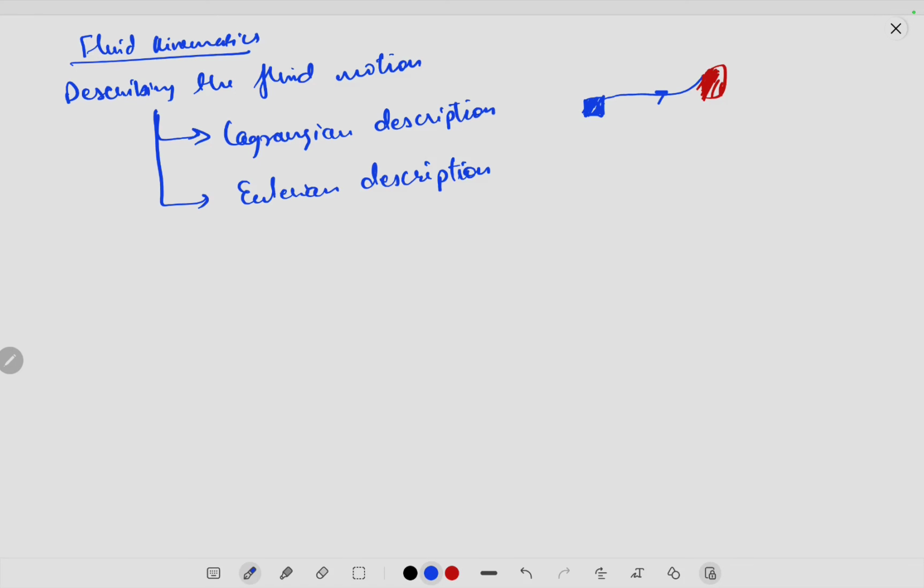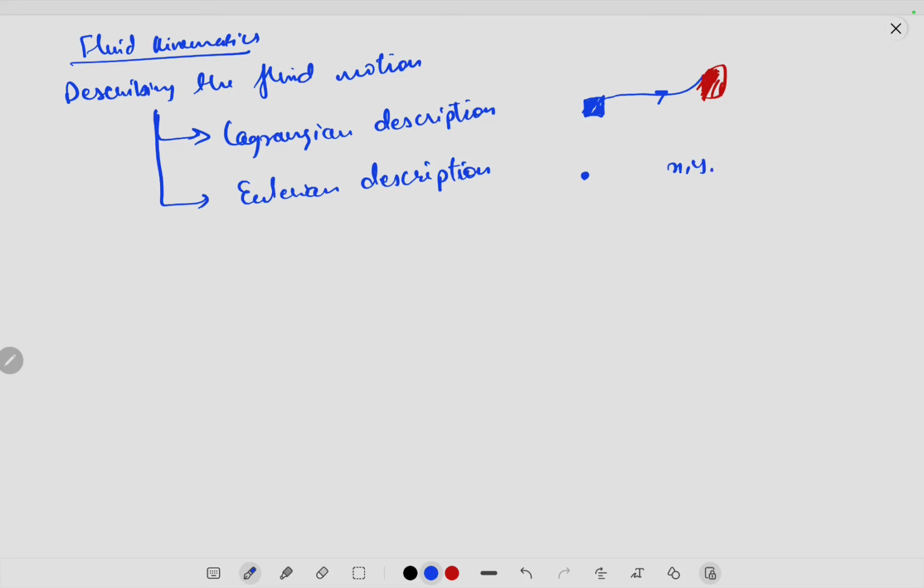And in Eulerian description we fix a point. We don't care about whether the same particle is coming or not, or whether the same volume element is coming or not. Instead, we concentrate on one point and study what are the changes in the quantities across this point over time.